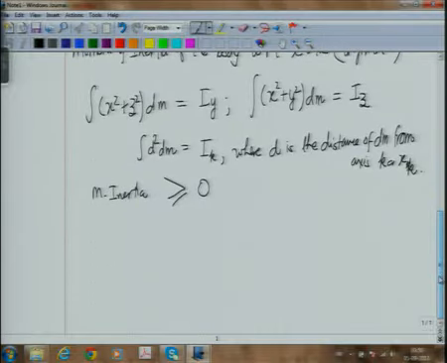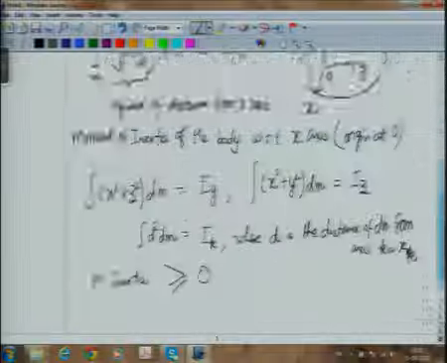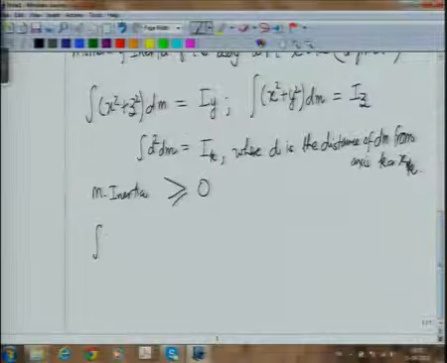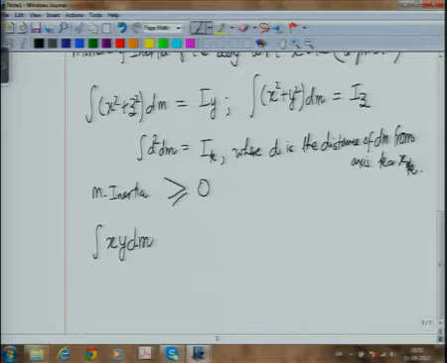Now, let me define 3 more quantities, or rather there will be 6 more quantities. If I look at, and I'll do this right now, we have x, y, z, dm. Suppose I define the integral of x times y times dm.